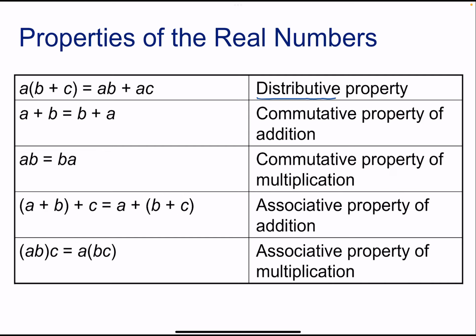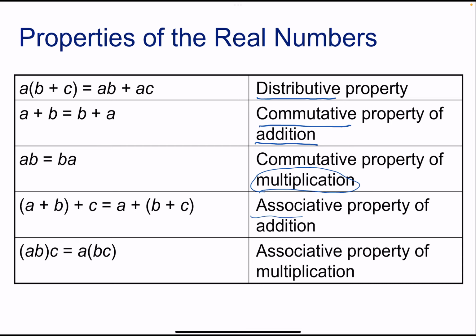That's distributive. And commutative just means that you can change the order of the two numbers and it won't change the value. So a plus b equals b plus a. That's the commutative property for addition. Similarly, for multiplication you also have a commutative property, namely ab equals ba.